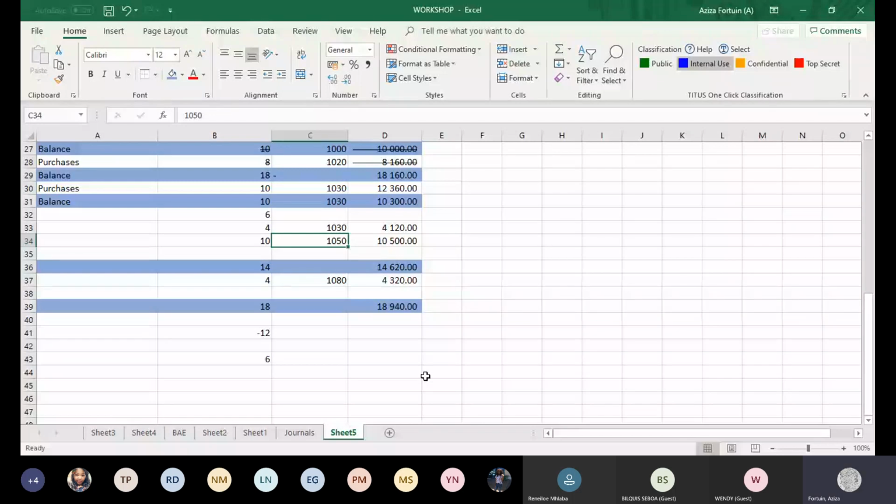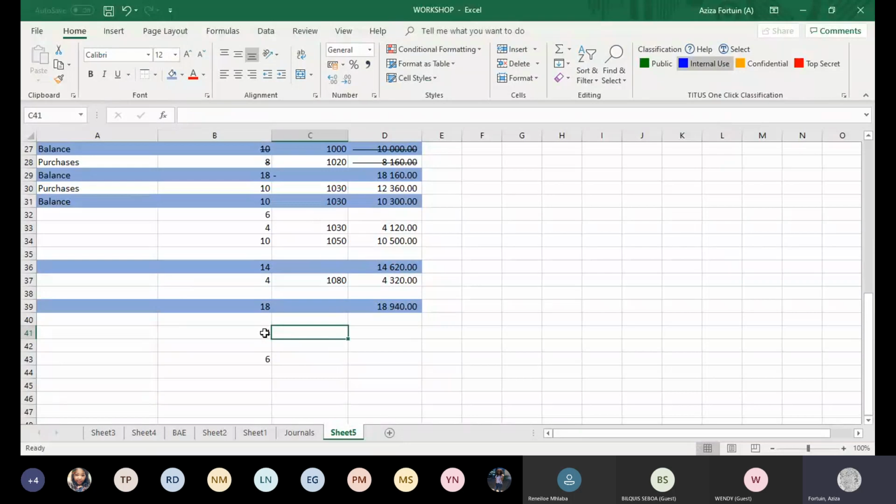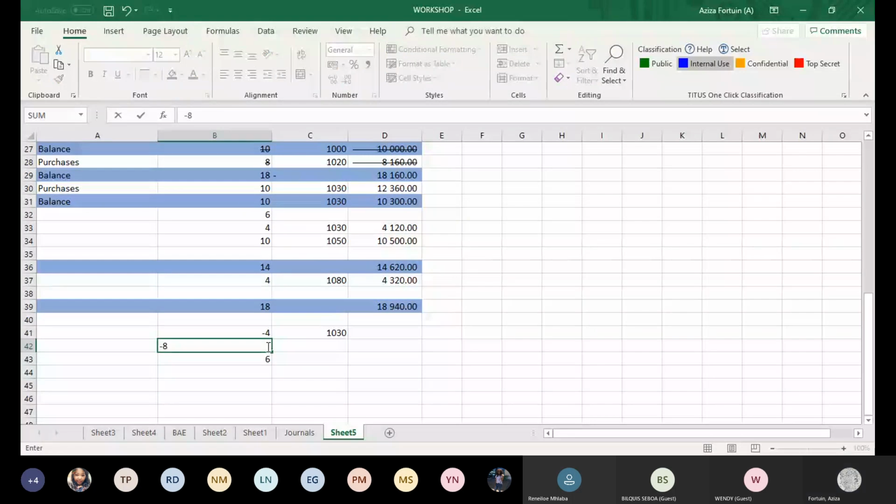So 12, we're going to sell minus 4 at 1030, and minus 8 at 1050.